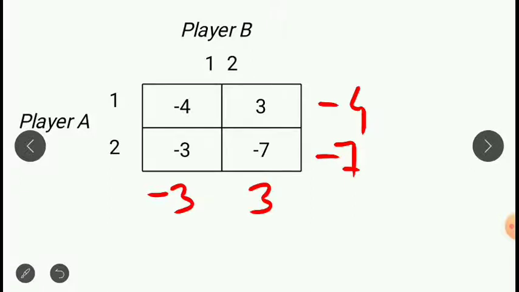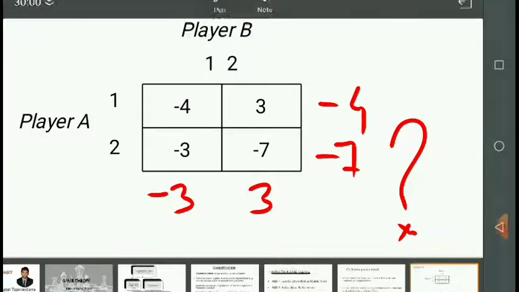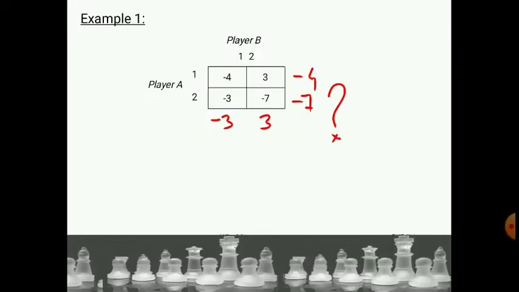So you can see there is no common value here. There is no common value that we are landing on. So the question is, where is the saddle point? The answer is there is no saddle point, because there is no common value here.